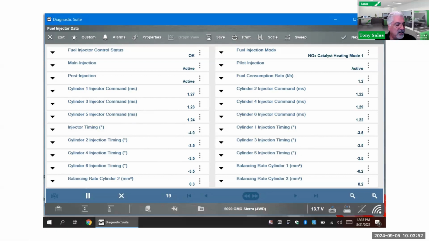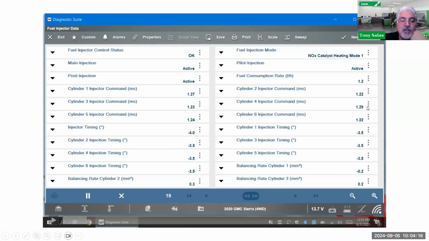So what we're trying to teach you here is that with time and patience, by working a lot on these trucks or playing on a known good truck, you can actually look at the timing. You'll notice that minus 3.5 is the average I see across the board on these 6 cylinders because this is a 6-cylinder engine. So I see that they're all about the same, which is what I'm looking for on pretty much every LM2 that I work on, right?